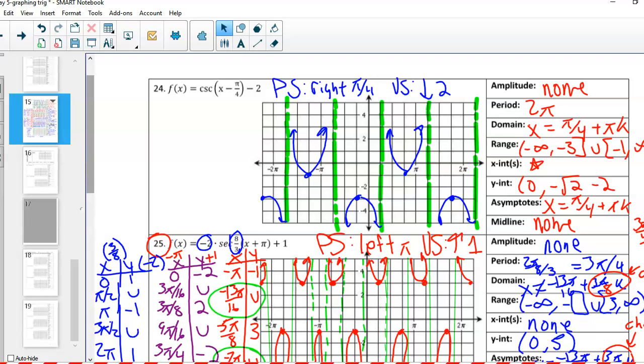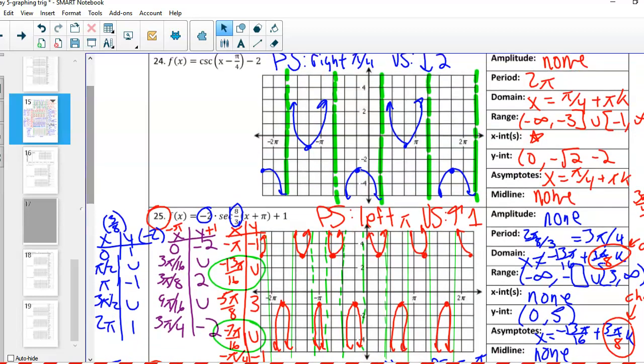So instead of, for 25, negative 13 pi over 16 plus 3 pi over 4 k, it should have been 3 pi over 8, okay? So it's half of whatever the actual period is, because you have to think of, in this period, there are actually 2 asymptotes before it repeats again. So half of the period would show each asymptote.